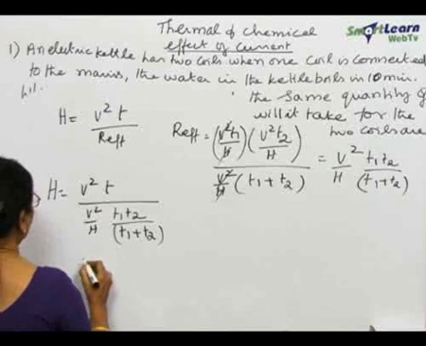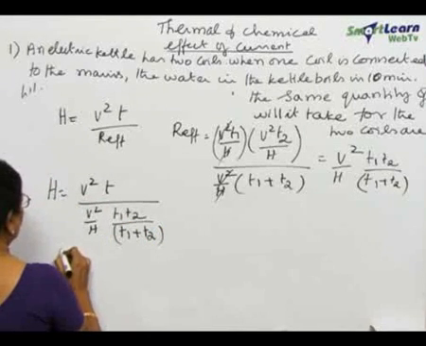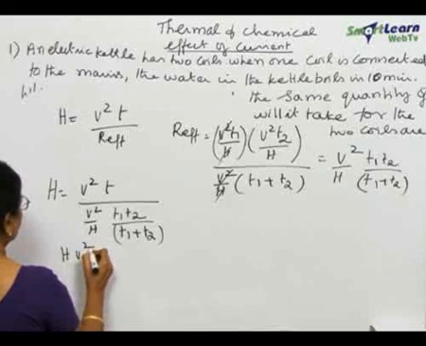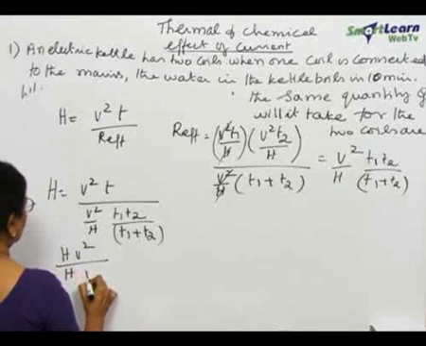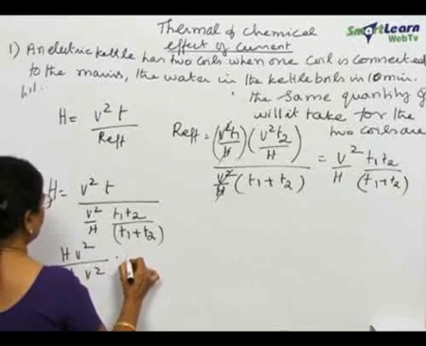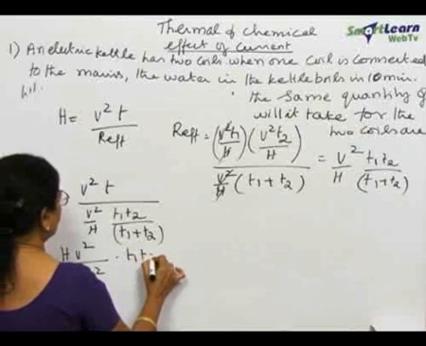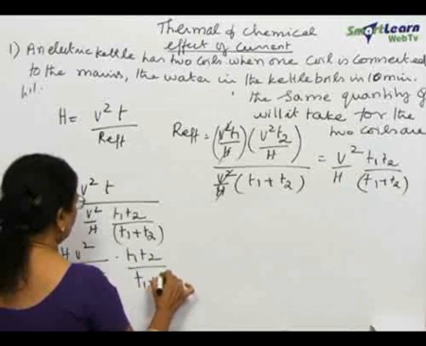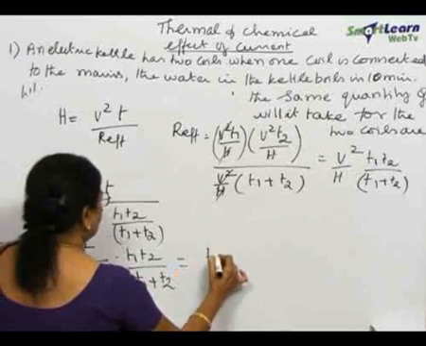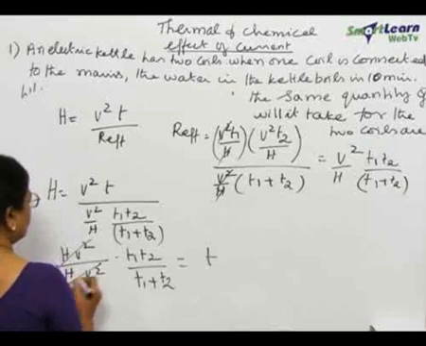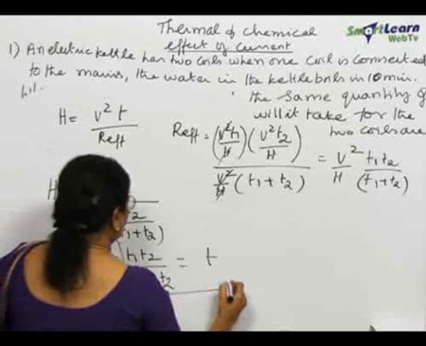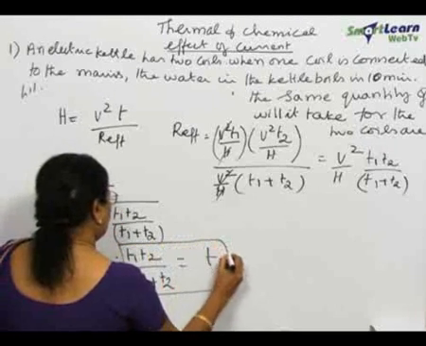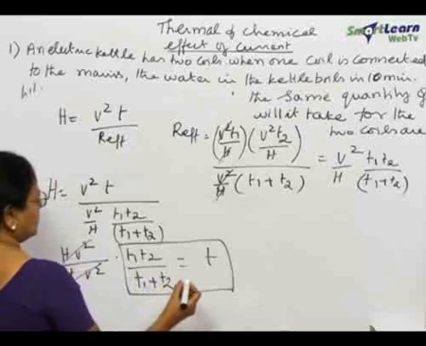Cross multiply: H times V squared by H into T1 T2 by T1 plus T2 equals V squared T. So, this cancels, and T is equal to T1 T2 by T1 plus T2.